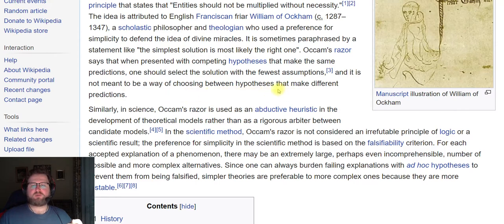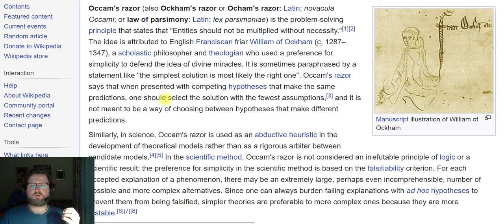So we are not choosing between hypotheses that make a different prediction. We are just looking for the most simple method which will be able to distinguish one disease from a group of another.